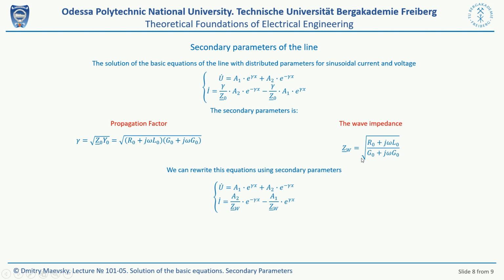They are called secondary parameters because they depend on the angular frequency of the sinusoidal signal in the line, among the four primary parameters. Given the introduced wave impedance, we can write the equations for the complexes of voltage and current in the line as shown here on the slide.